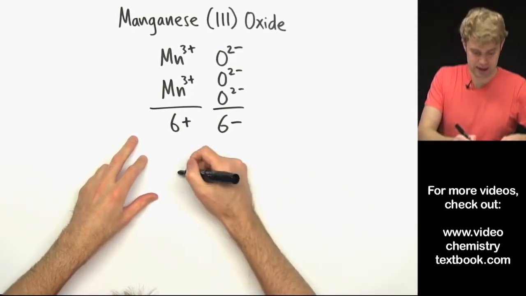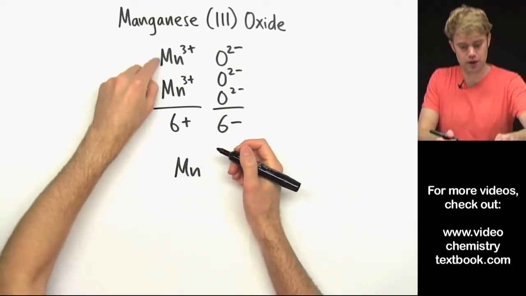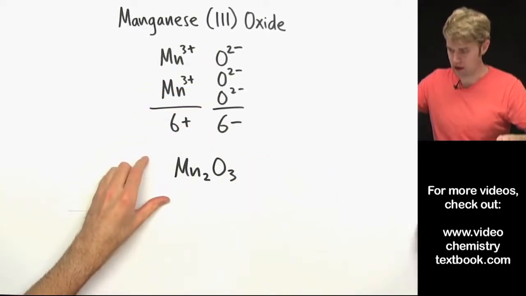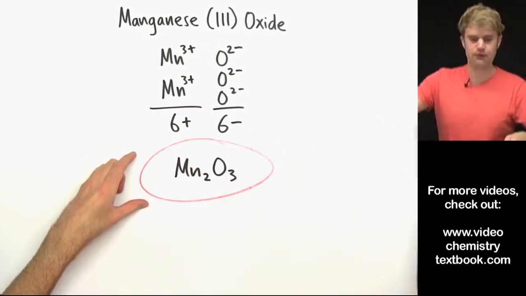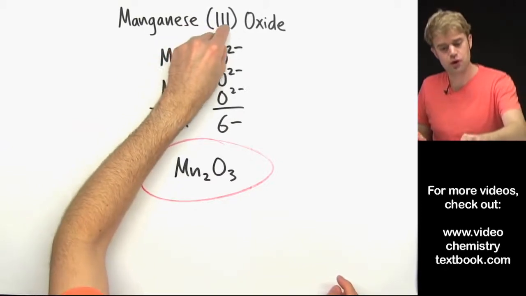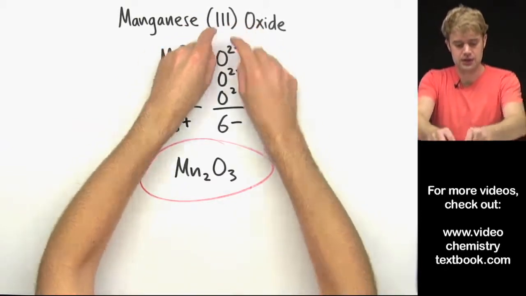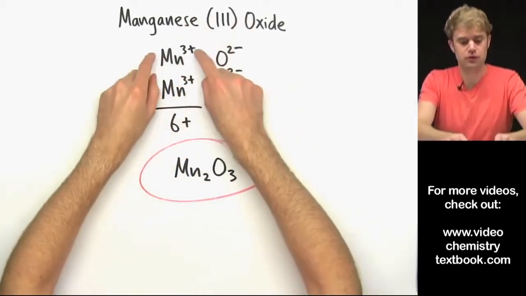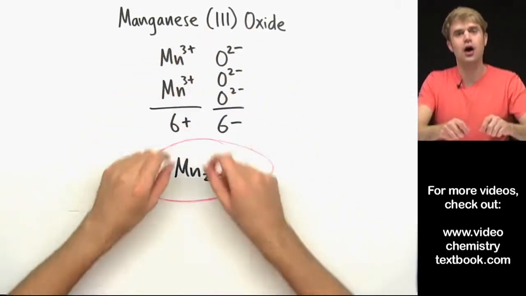So our formula is Mn, we've got 2 of those, O, 1, 2, 3 of those. And as before, don't be confused by this Roman numeral 3. The 3 does not refer to the number that should be after manganese in the formula. The 3 refers to the ionic charge on manganese.